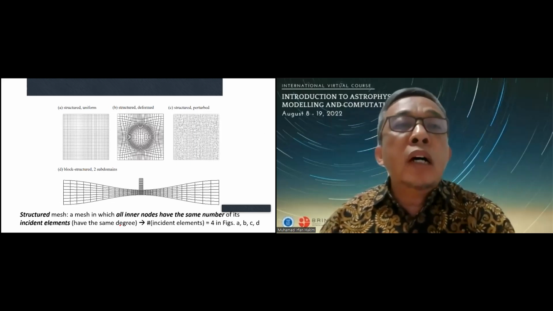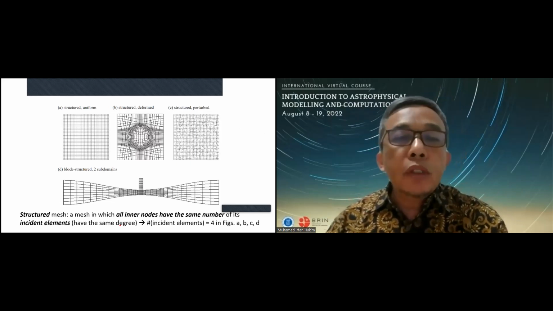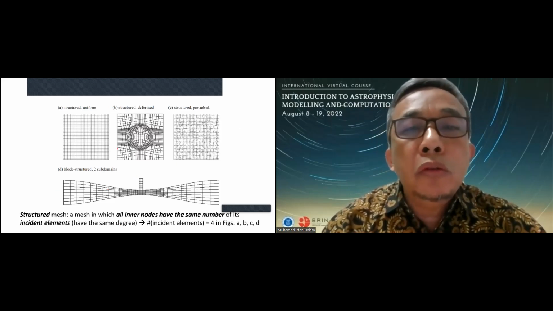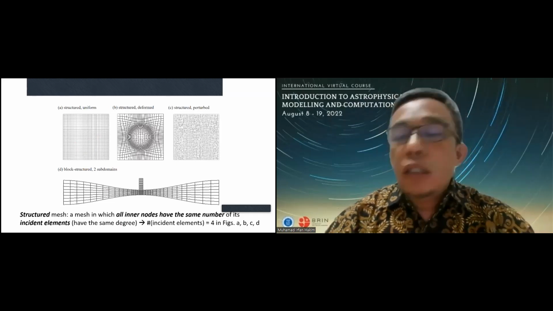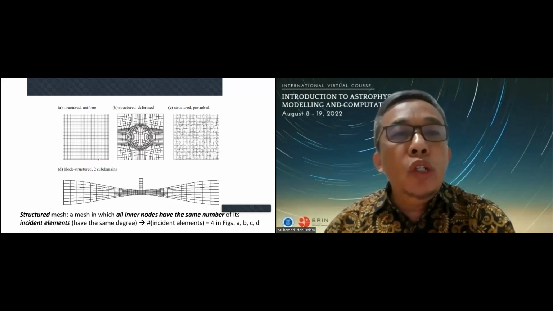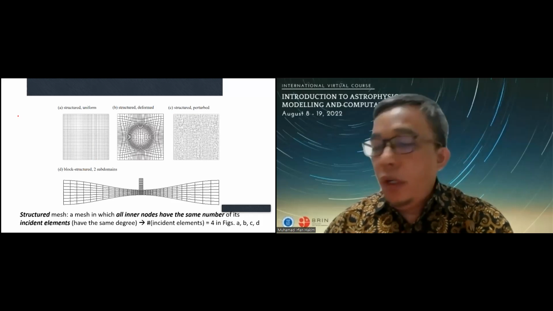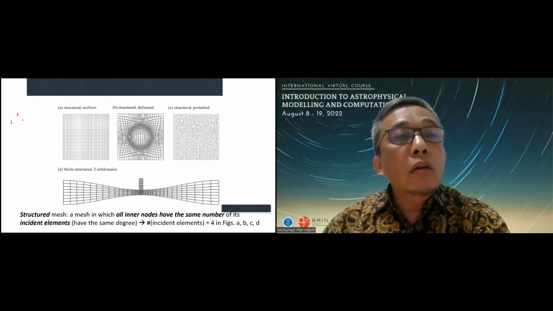These are examples about structured mesh. If you look very closely at this mesh, in every node, we are frequently using the keyword node.